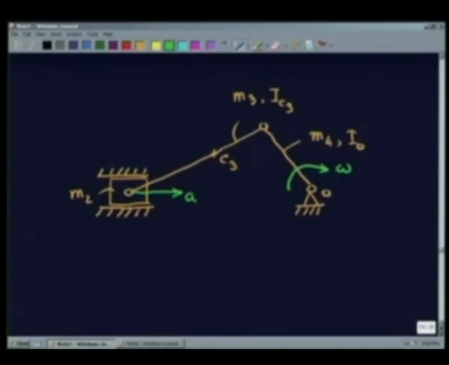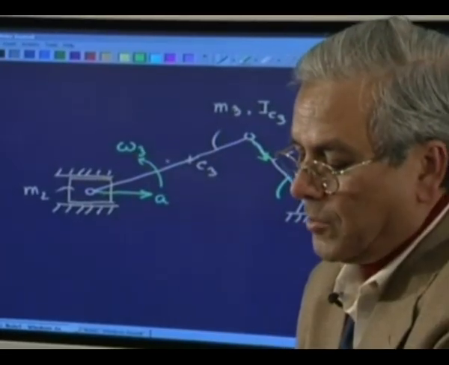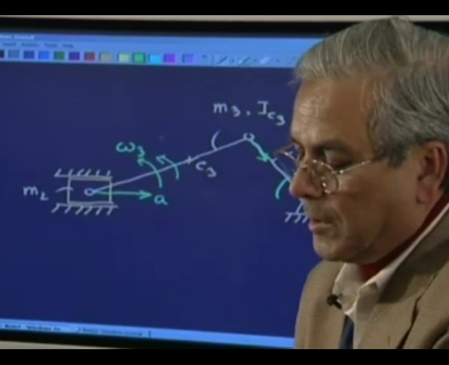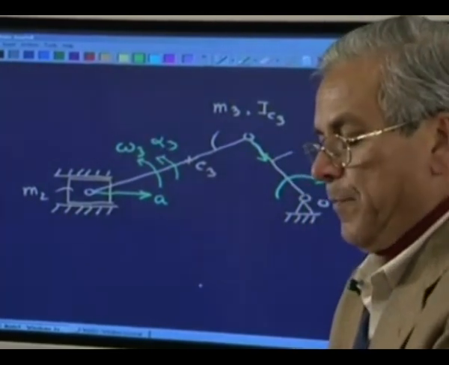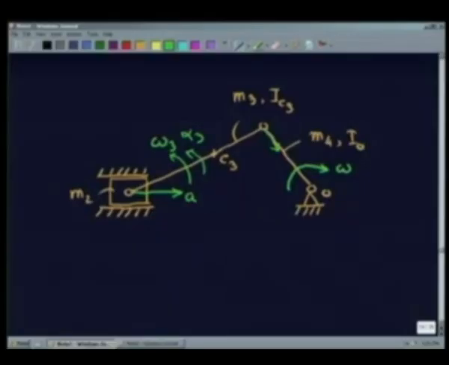Now this point has a centripetal acceleration in this direction, this has an angular velocity maybe in this direction, and it may also have some angular acceleration in this direction, alpha 3, and this center of mass has some acceleration like this. So we know now the complete motion of the connecting rod.